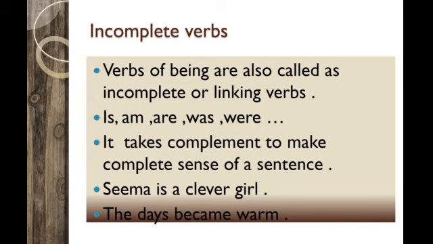Here we have incomplete verbs. Verbs of being are also called incomplete verbs or linking verbs. For that we want a complement to make the sentence complete. Like if I say Seema is, here we have a linking verb which is used to link subject and predicate. What Seema is, I don't know. A clever girl, that is a complement.